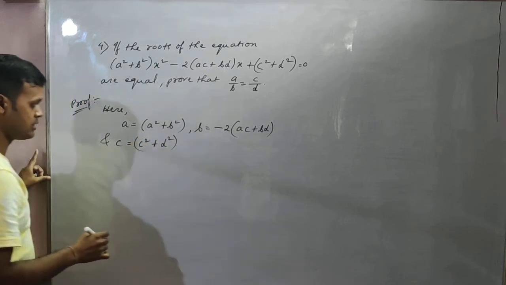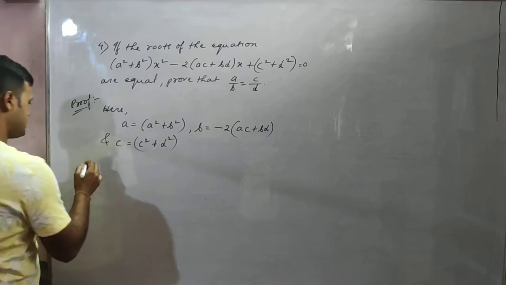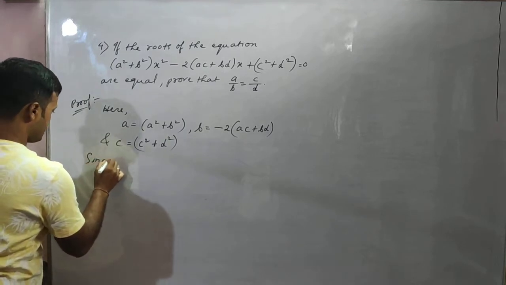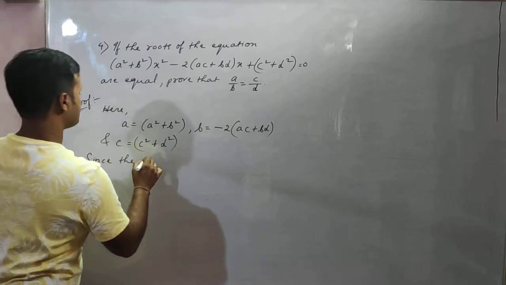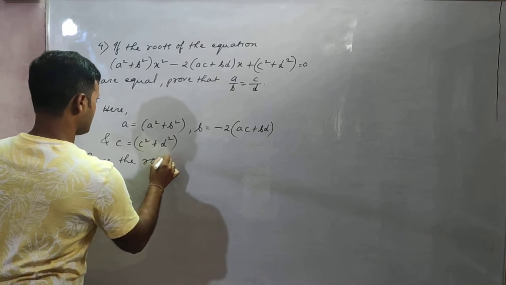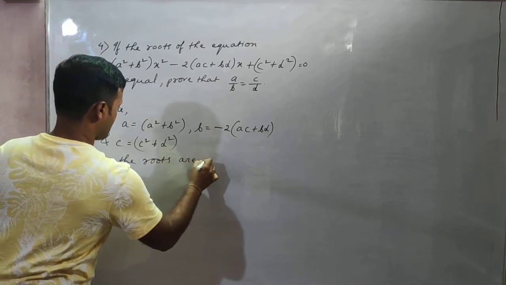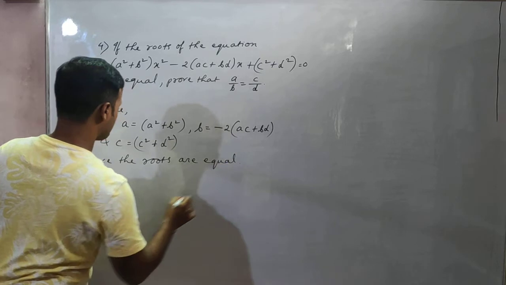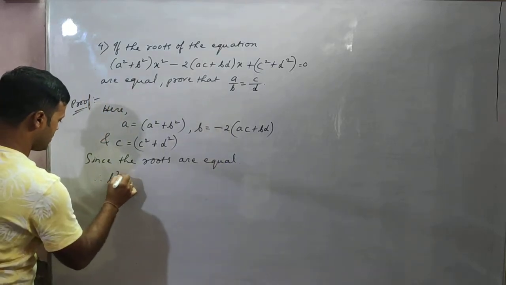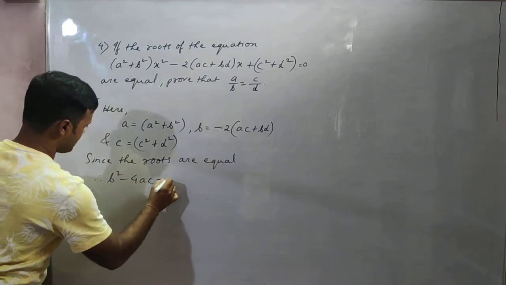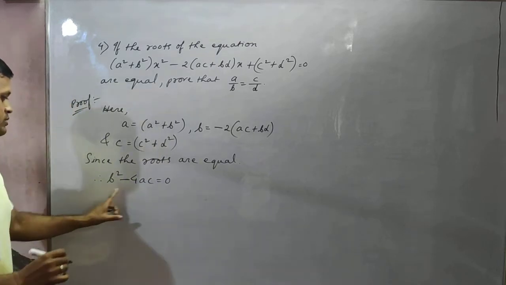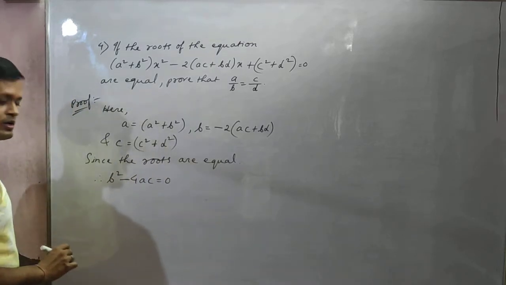Okay students, isn't it? So now since the roots are equal, therefore b square minus 4ac will become equal to what? b square minus 4ac is equal to 0, isn't it?